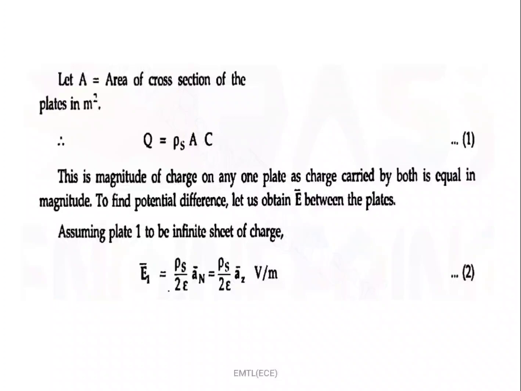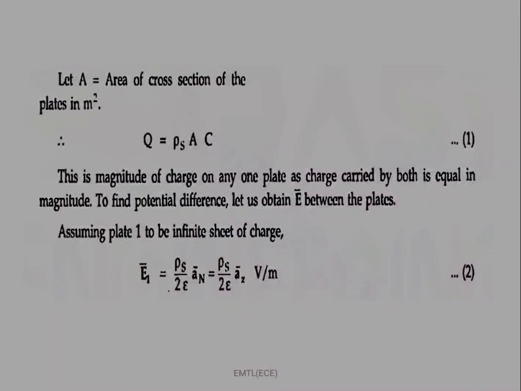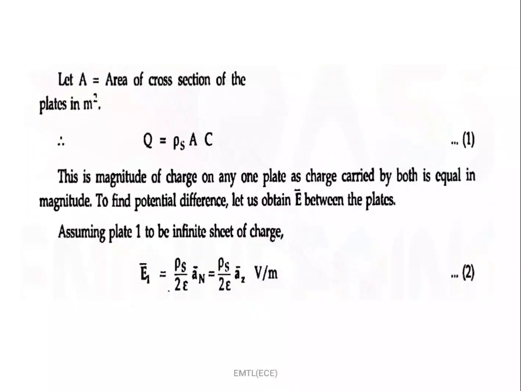This application of Gauss law is applied to plate 1, which is considered as an infinite sheet of charge. Now the same formula is applicable for plate 1. Then E1 is equal to rho s by 2 epsilon az bar.